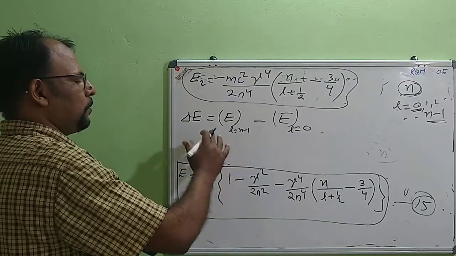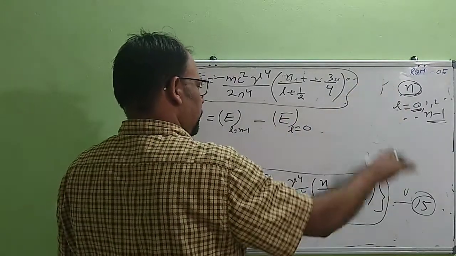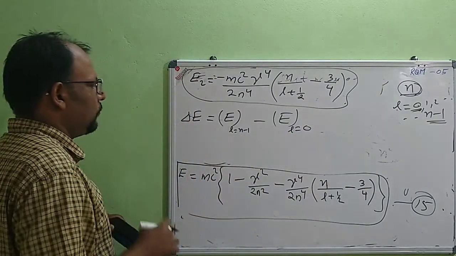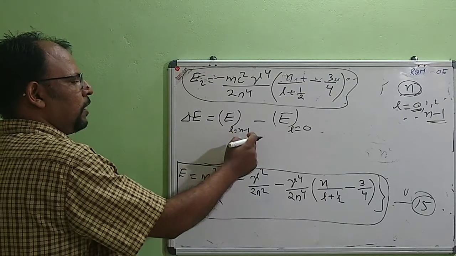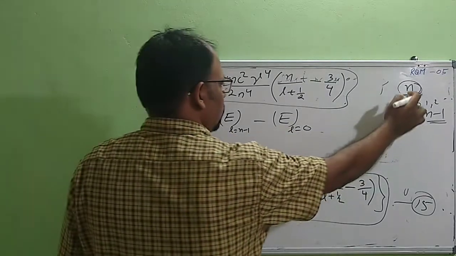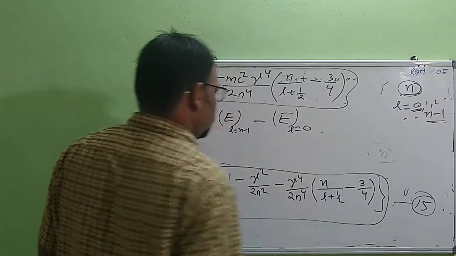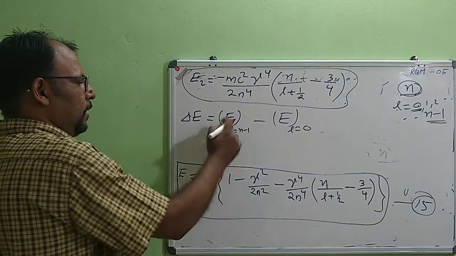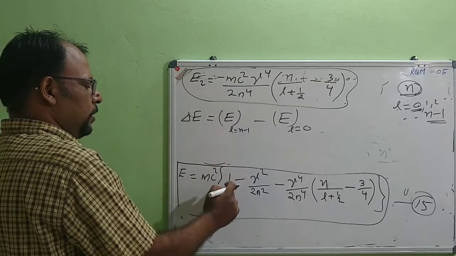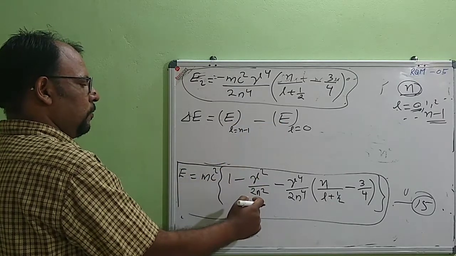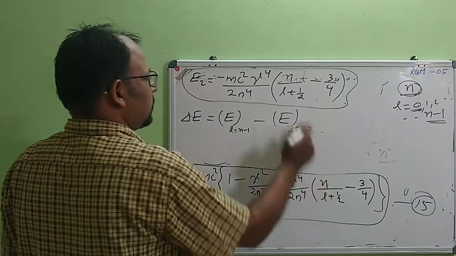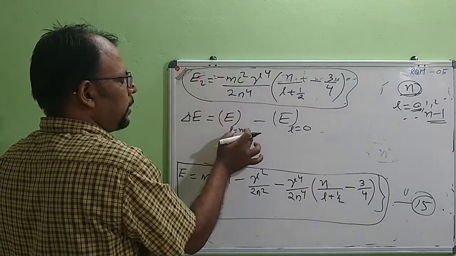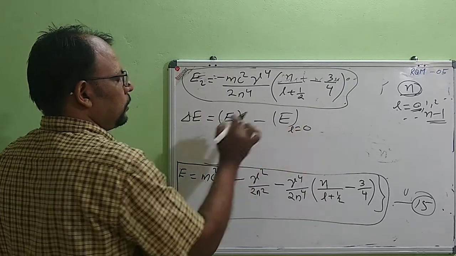The maximum spread of these levels we can obtain by taking the difference between the energies of L equal to n minus 1 and L equal to 0. When we take the difference, this term will be identical for both and will cancel. This also will be the same, so only this term differs.